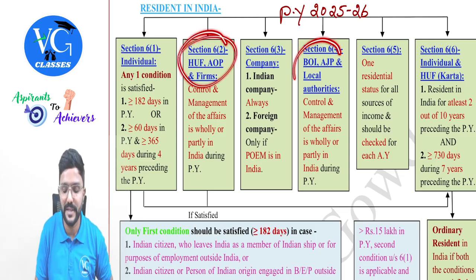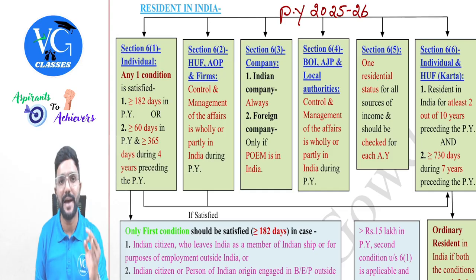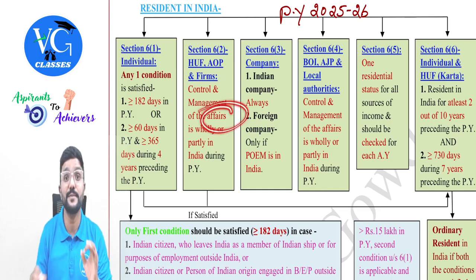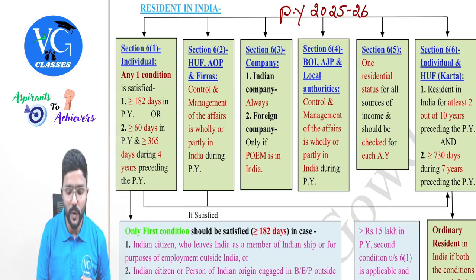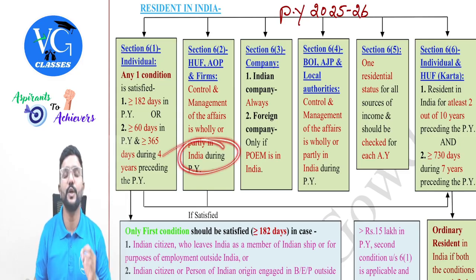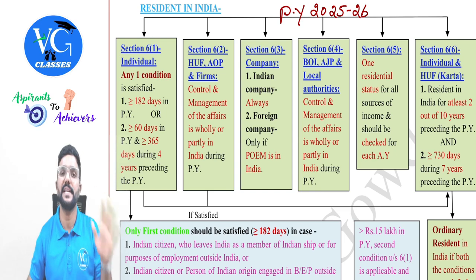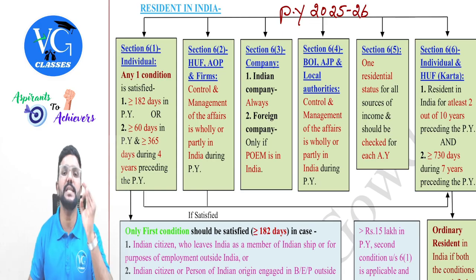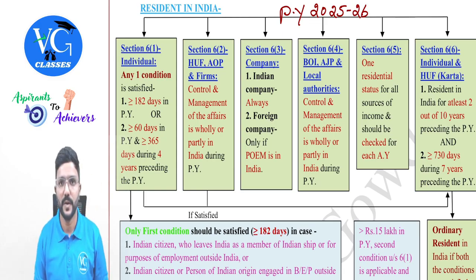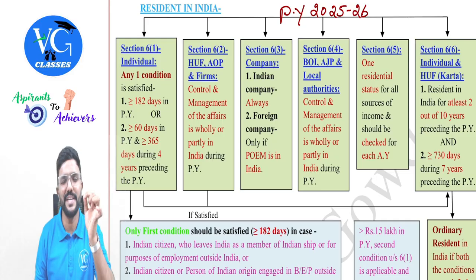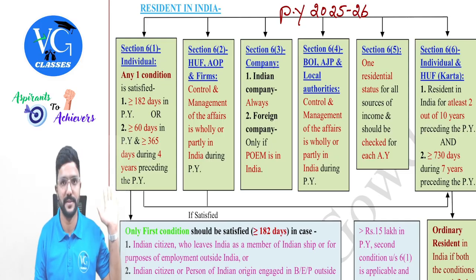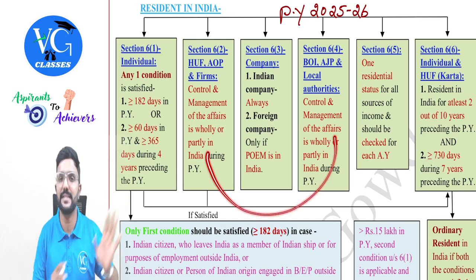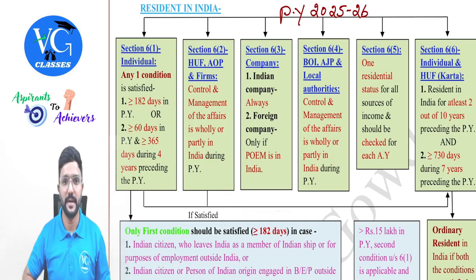For any of these persons, if the control and management of the affairs, meaning business affairs, is wholly or partly in India during the previous year, they are said to be resident in India. Sir, what is that control and management? Where the policy decisions are taken, guys. Got it? Yes, sir. Even if one decision is taken in India, it is enough for us. Clear? So both have the same criteria. Yes, sir.